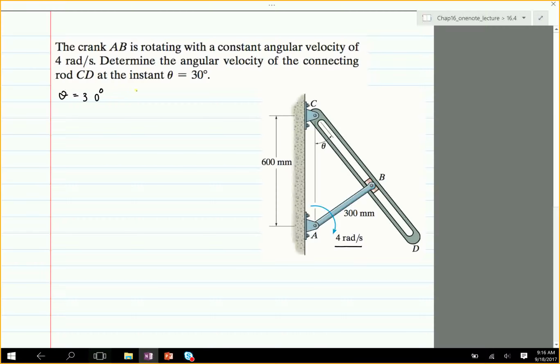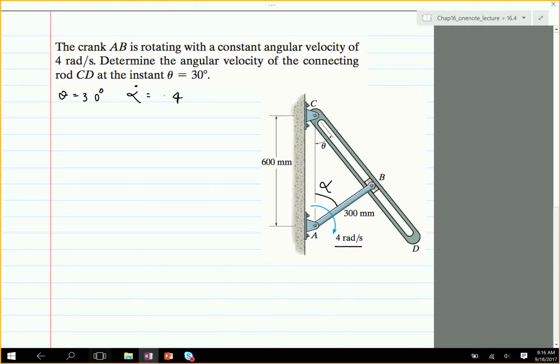We're also given omega AB, or well, let me do it this way. We call this angle alpha. So alpha dot is 4.